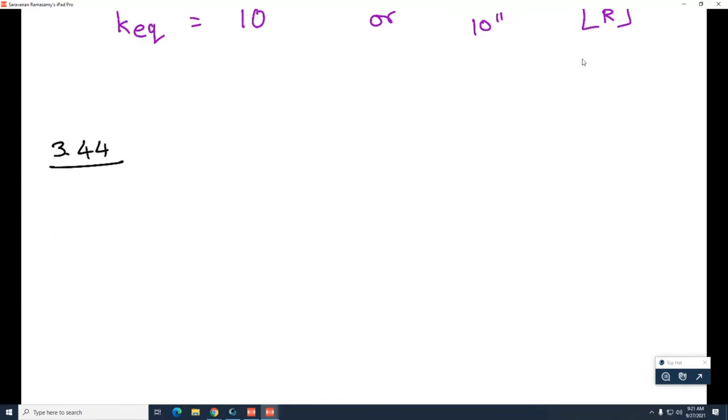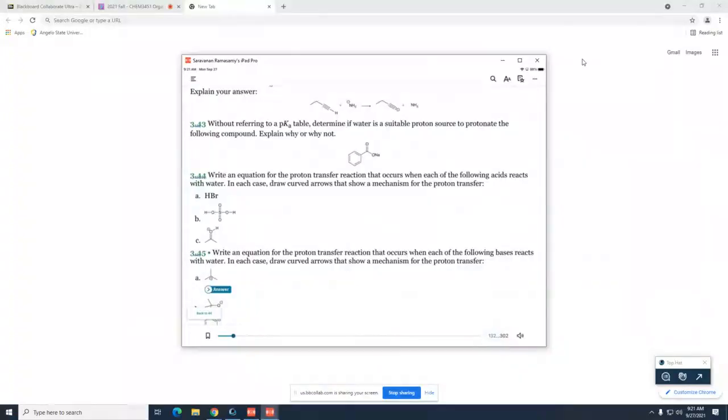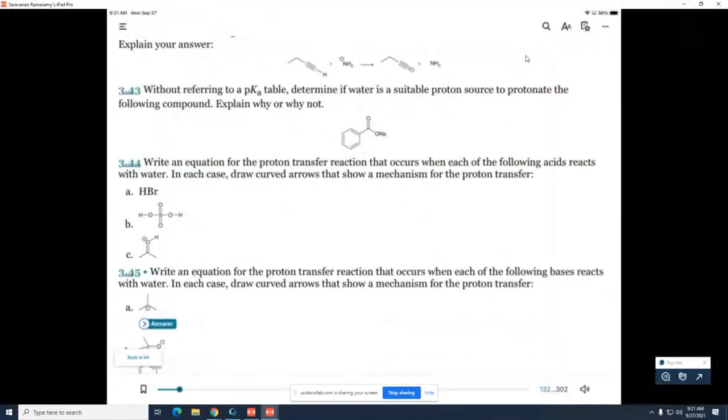3.44. Okay, so basically, write an equation for the proton transfer reaction that occurs when each of the following acids reacts with water. In each case, draw curved arrows and show a mechanism. I think that's too simple because they're all strong acids: HBr, sulfuric acid, and protonated acetone.